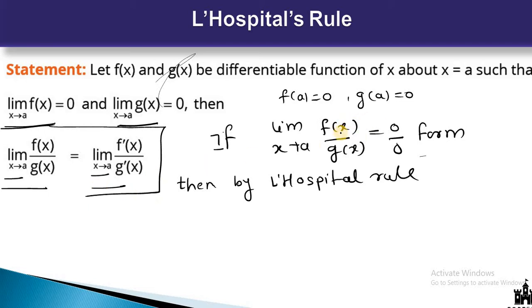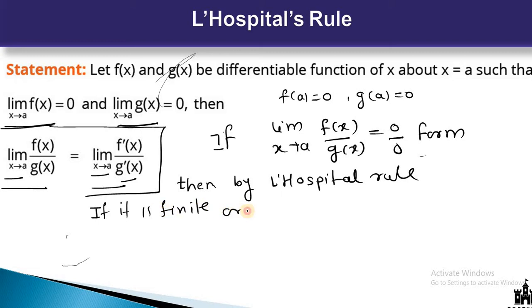If the limit of f of x upon g of x is a 0 by 0 form, then the value of this limit is the same as the limit of the derivative of the numerator divided by the derivative of the denominator. If the right-hand side is finite, then we get our finite limit.